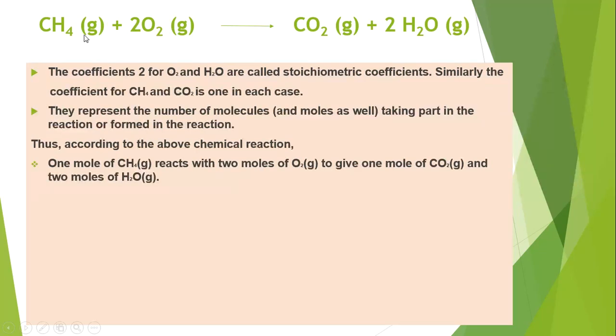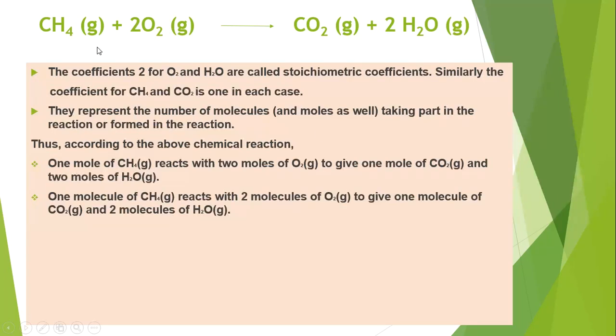The same reaction we are reading in terms of mole. 1 mole of methane reacts with 2 mole of oxygen to give 1 mole of carbon dioxide and 2 moles of water. In terms of molecule, 1 molecule of methane reacts with 2 molecules of oxygen to give 1 molecule of carbon dioxide and 2 molecules of water. So, like this we can explain the same reaction.